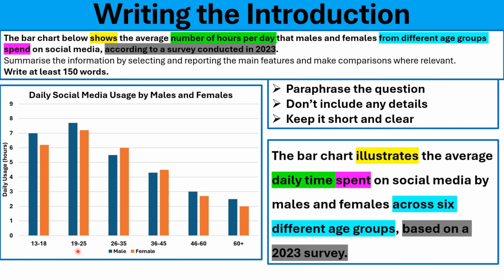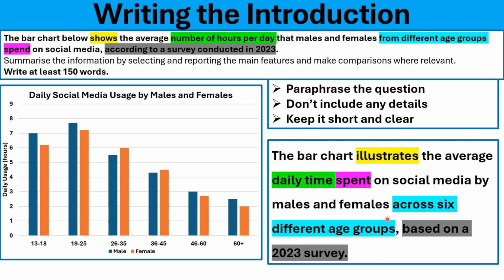And you can see the color coding and understand exactly how the words from the question have been changed. First, the word shows has been changed to illustrates. Number of hours per day has been shortened to daily time. Next, instead of saying from different age groups, we have used across 6 different age groups.